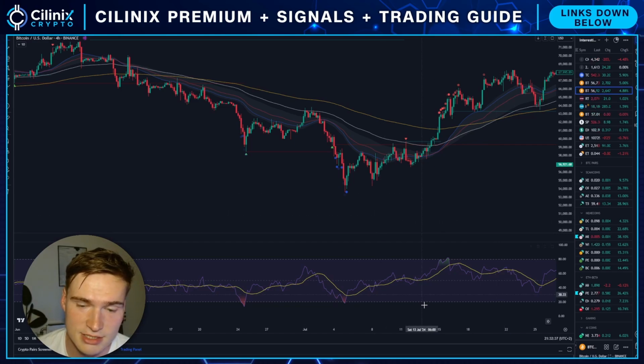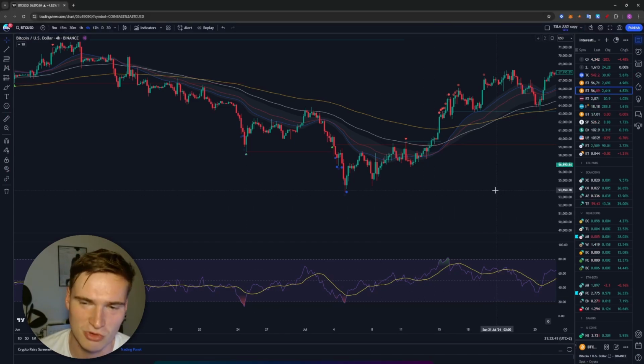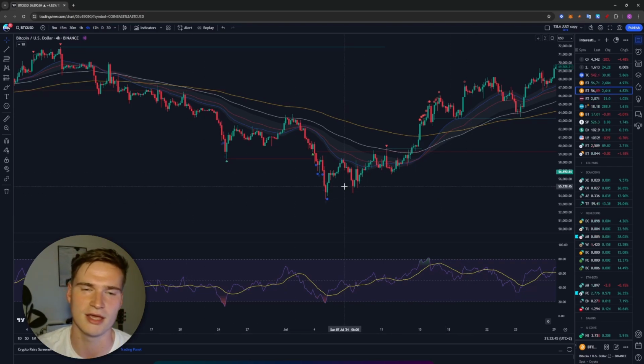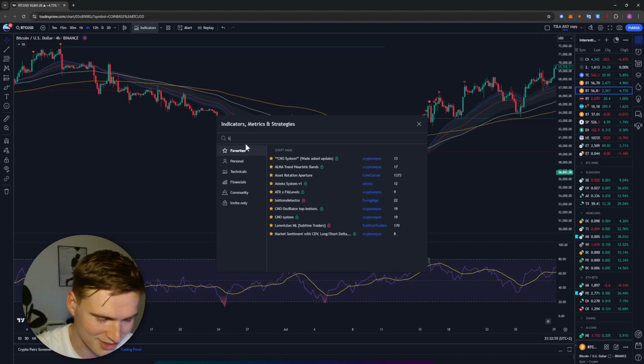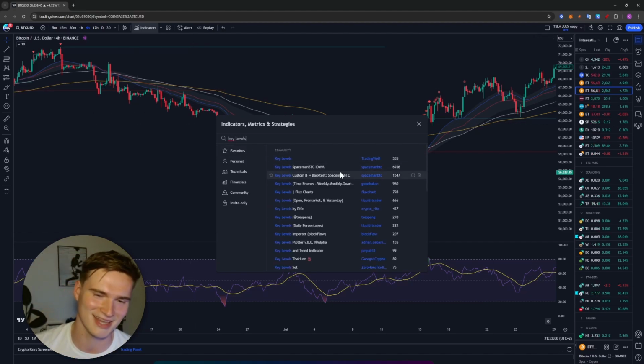And honestly, it's not even that difficult, because those exponential moving averages you can put on the chart very easily, and then pair up a 4-hour time frame oversold area with, for example, an EMA on the weekly time frame. That's possible. But you can also go to indicators and just type in key levels. There are indicators that make these key levels automatically for you.